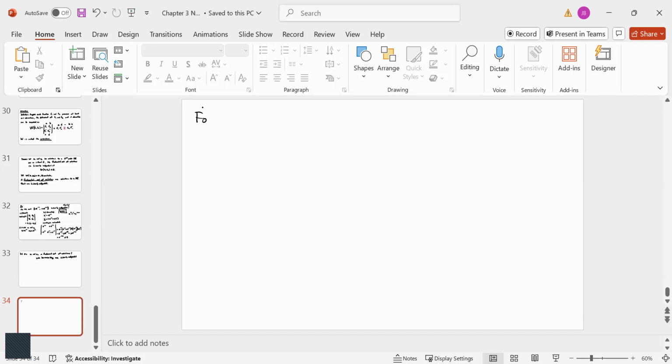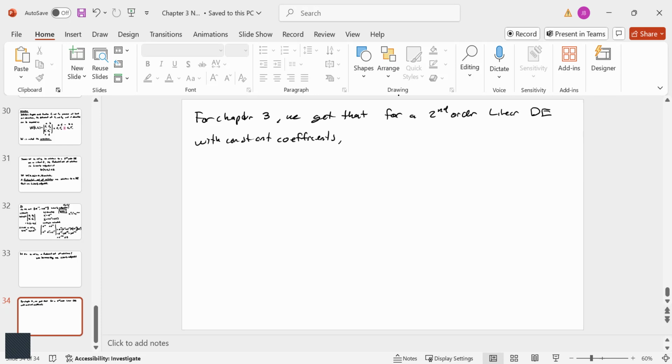So for chapter 3, we get that for a second order linear differential equation with constant coefficients, the solution is as follows. a y double prime plus b y prime plus c y equals 0. y is going to be equal to c1 y1 plus c2 y2.